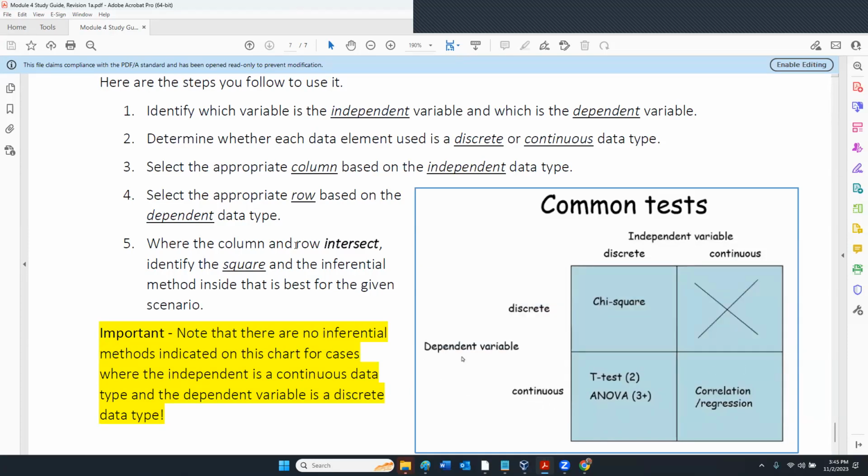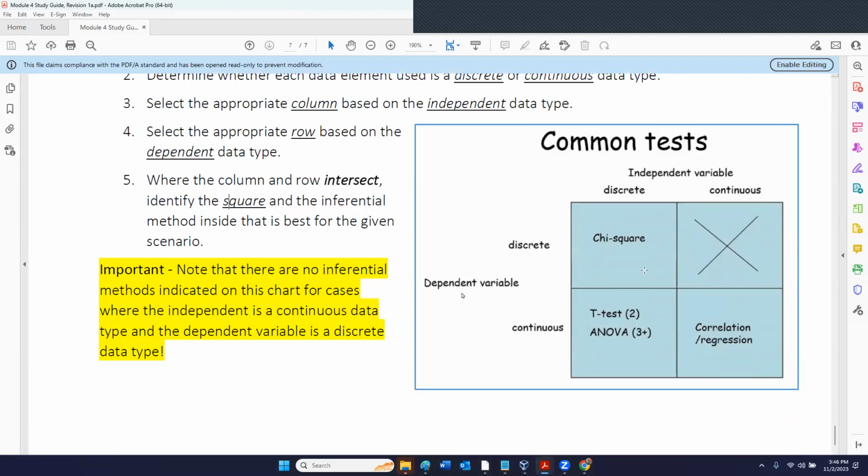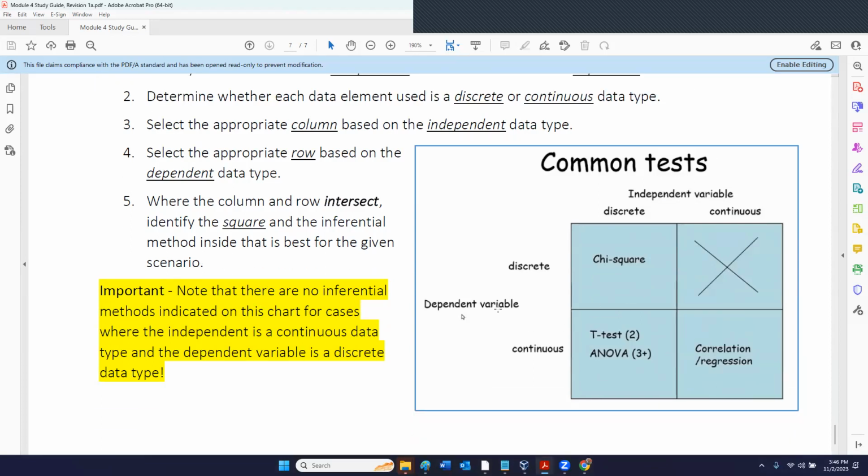Where the column and the row intersect, that identifies the square and the inferential method that is best suited for that given scenario. And there is an exception, and we just gave that to you with our scenario.